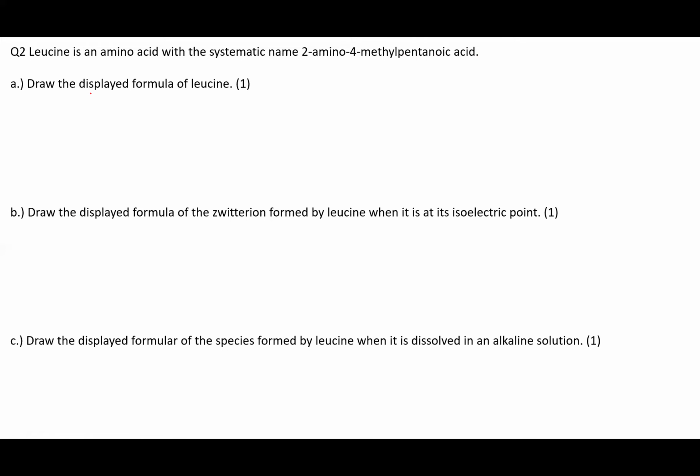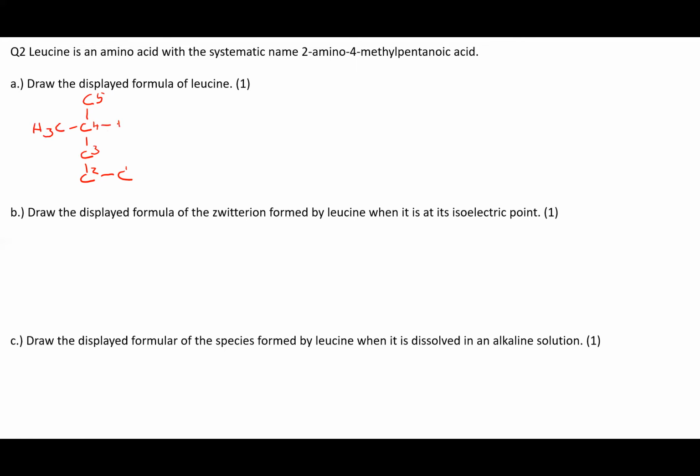I'm going to draw that out first. 1, 2, 3, 4, and one of them will be our carboxyl group, 5. I'm going to number them. That'll be number 1, number 2, 3, 4, 5. So I've got 4-methyl, so I'm going to have a methyl group coming off my 4th carbon.